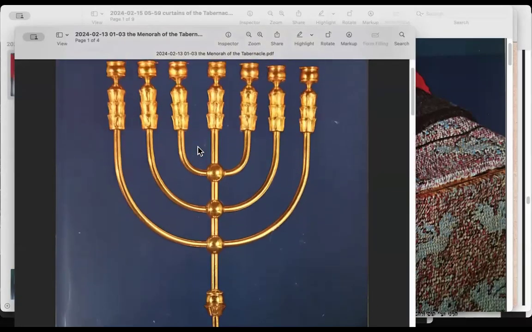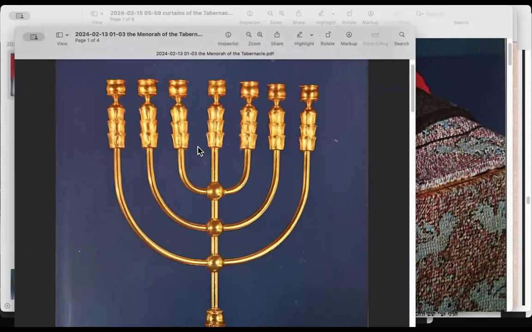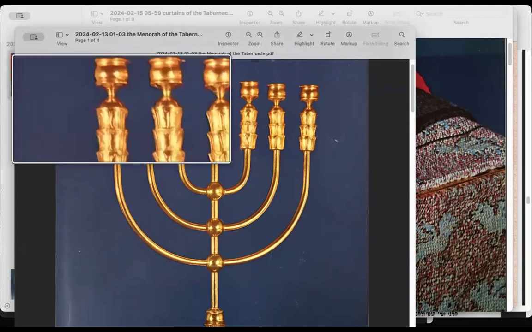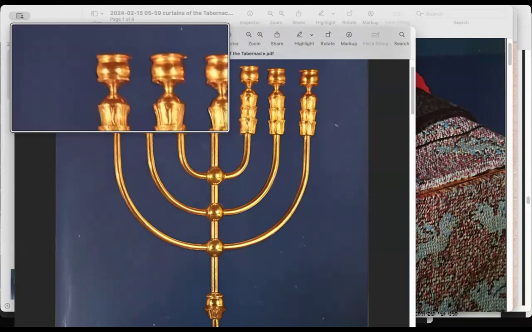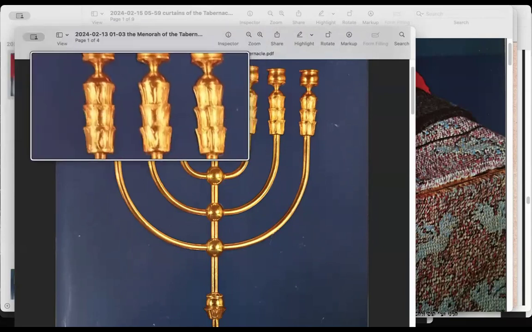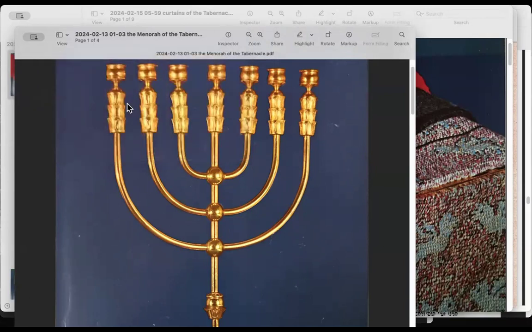There we go. Love this example. What's he talking about? He's talking about this here. And let's see if I can do this. There we go. I discovered that there's a magnifying glass here. And if you look carefully, because I can't move my cursor, but if you look right underneath the cup and at the top of the 3 flowers, do you see the knob and the flower surrounding it? And that's what he's talking about.